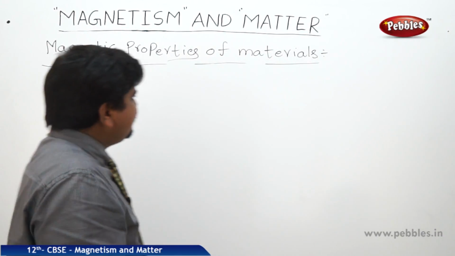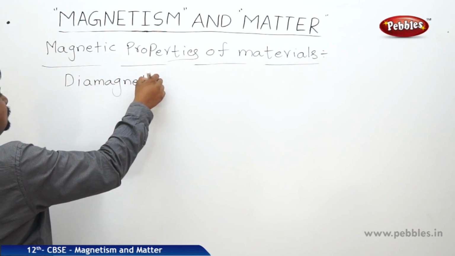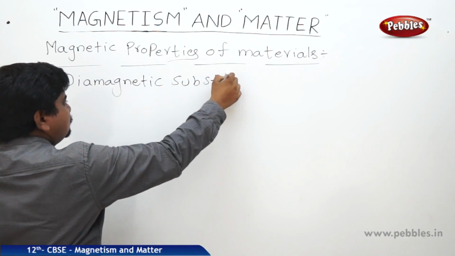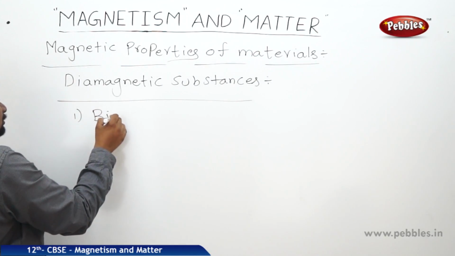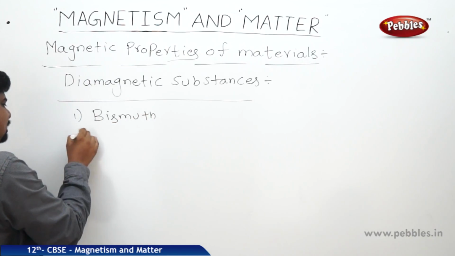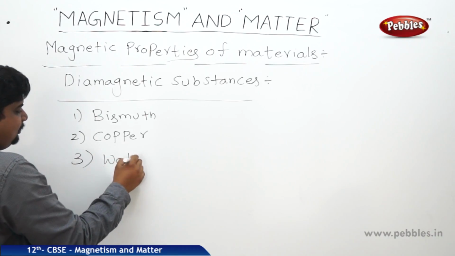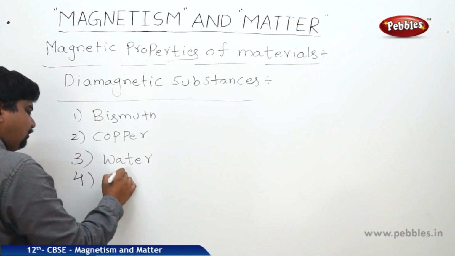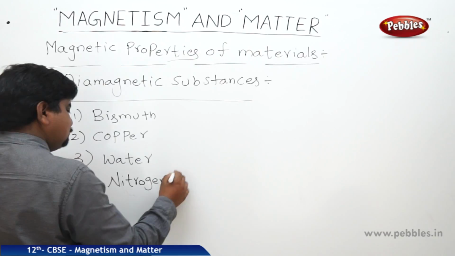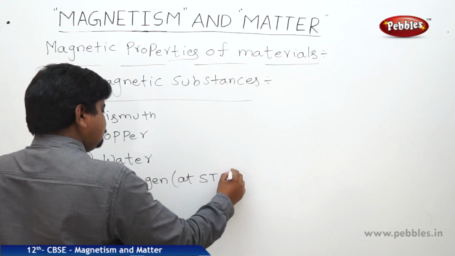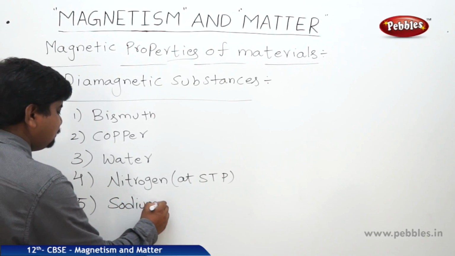The examples of the diamagnetic substances are: first one bismuth, second one copper, third one water, fourth one nitrogen at STP, fifth one sodium chloride.